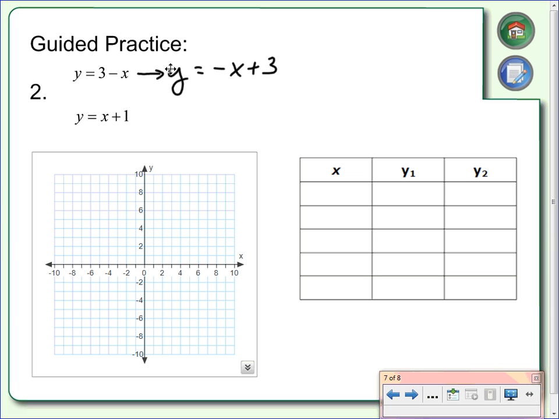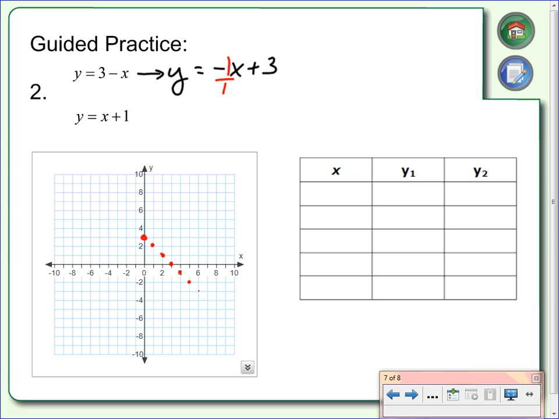All right, so I want to graph y equals negative x plus 3. Where do I need to start, guys? We should start at positive 3, so put a dot at positive 3 right here. The slope is negative 1, but I need a fraction, so I'm going to make it negative 1 over 1. Just like earlier, we go down 1 to the right, down 1 to the right, down 1 to the right.